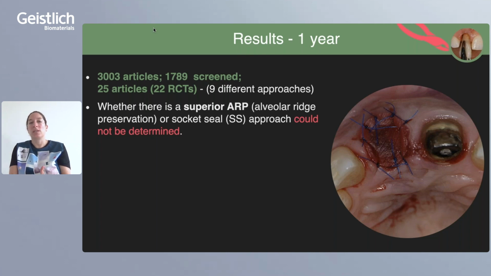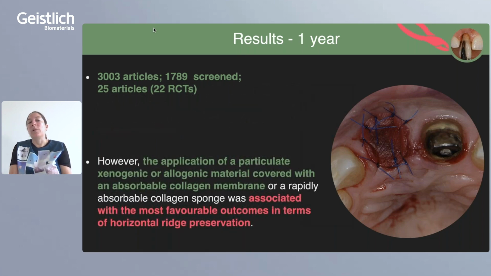They could not determine a superior ridge preservation procedure, but the application of a particular xenogenic or allogenic material covered with an absorbable collagen membrane was associated with the most favorable outcomes in terms of horizontal ridge preservation.